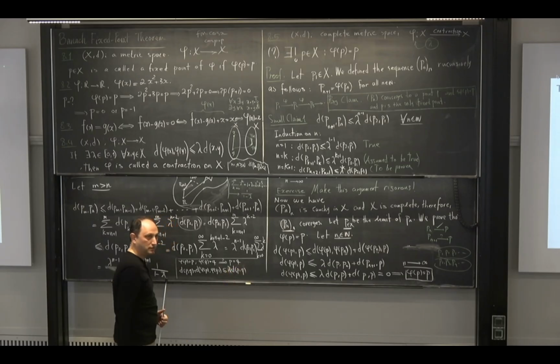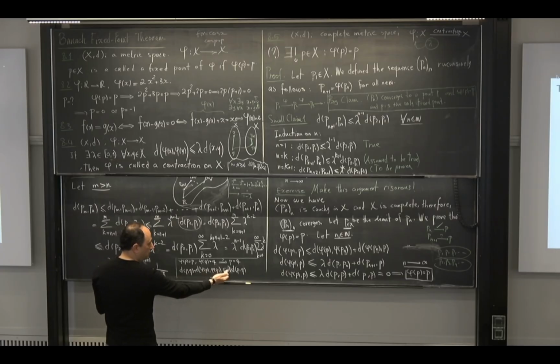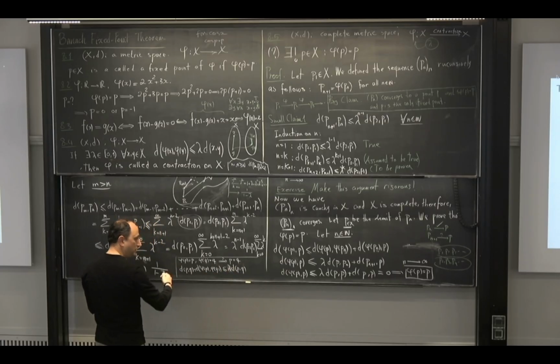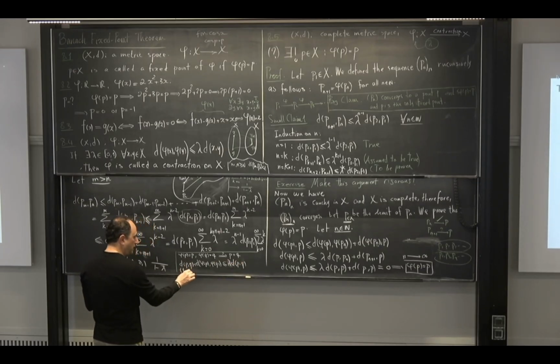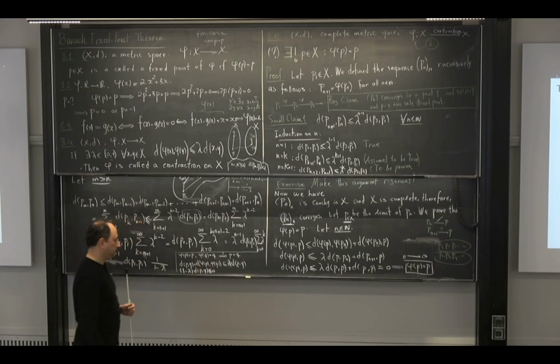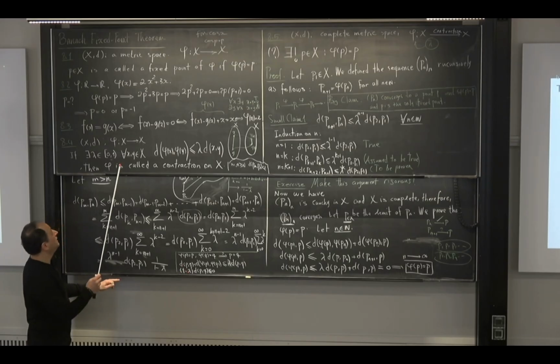Do you agree? Now, d(P, Q) is less than or equal to lambda times itself. I bring it to the left and factor this out. So it becomes (1 minus lambda) d(P, Q) is less than or equal to 0. Now, can you finish it up? What type of number is lambda?